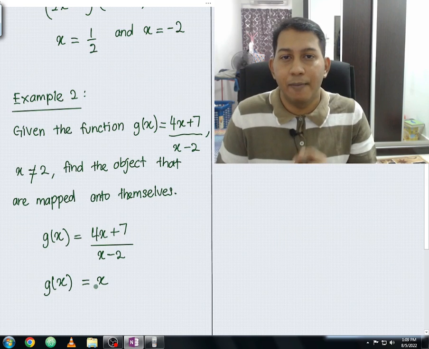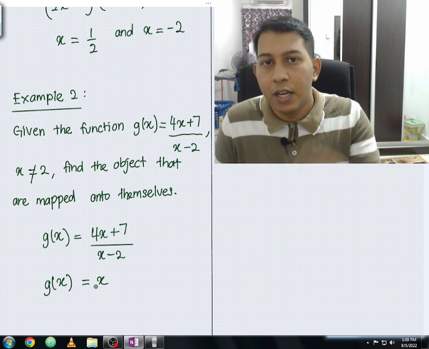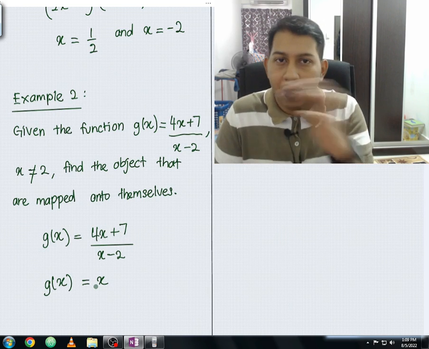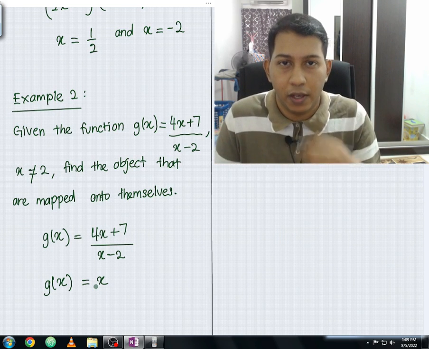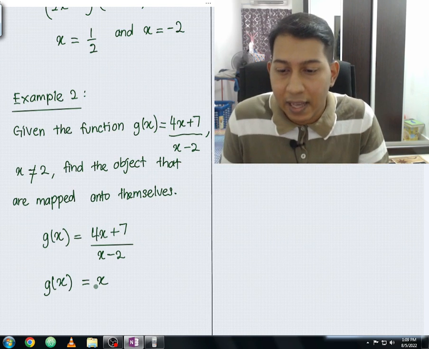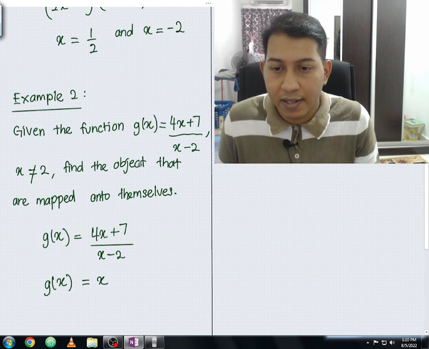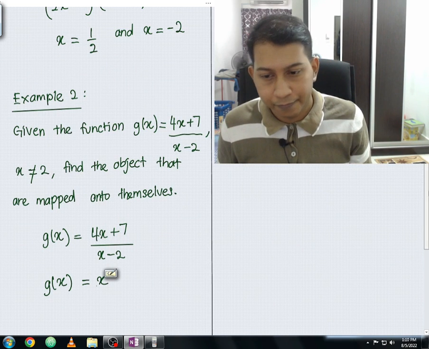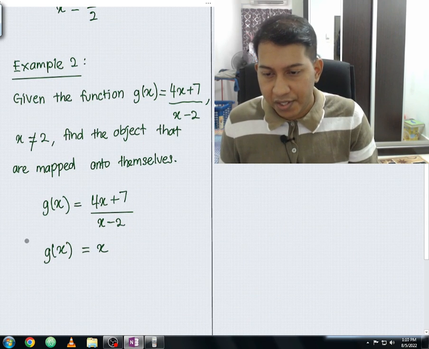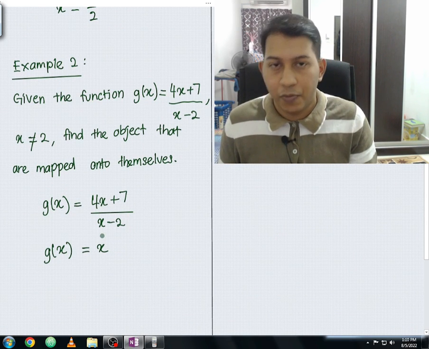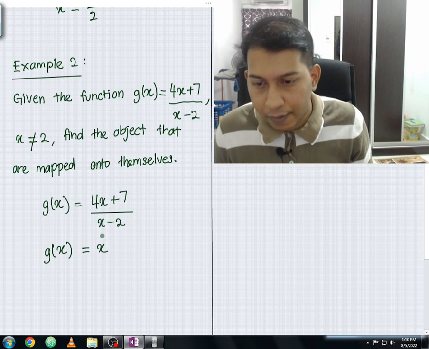Let's say for example, you put your object 1, you get back your image also 1. You put your object 2, you get back the image also 2. You input 3, you get back output 3. That is the example and the explanation behind objects that are mapped onto themselves. So this is the equation behind this: g(x) is equal to x.